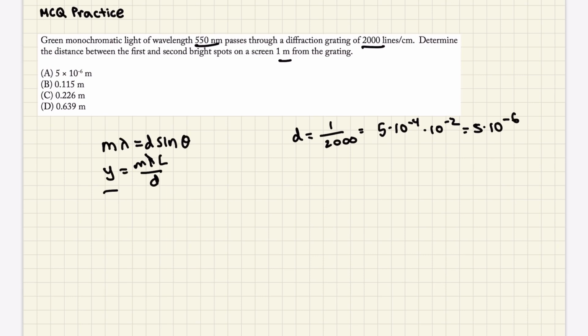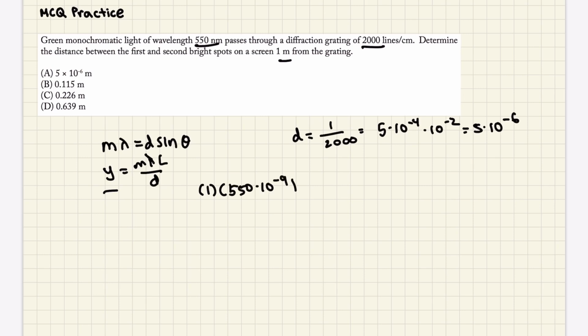Okay, we already said that m is going to be equal to 1. We also want it for 2 and then just subtract them. And so it's just going to be equal to 1 times lambda, which we know is 550 nanometers, but we want to convert that to meters again. So a nanometer is going to be 10 to the power of negative 9.